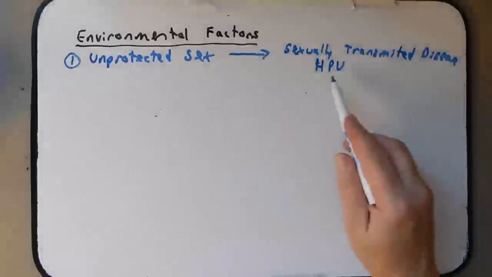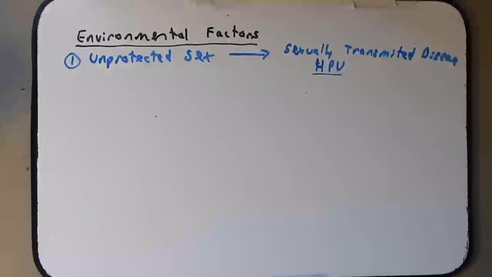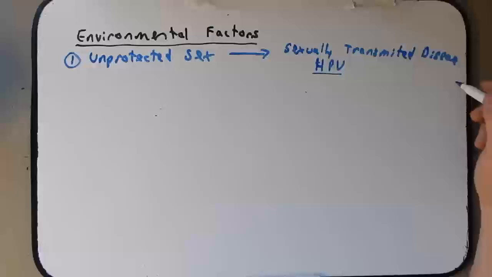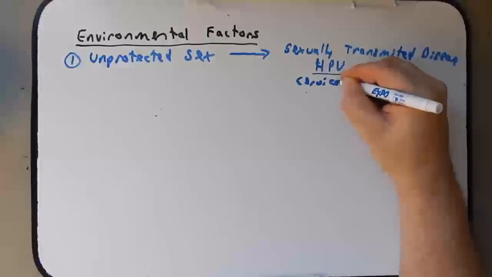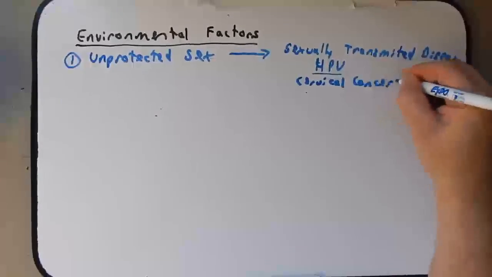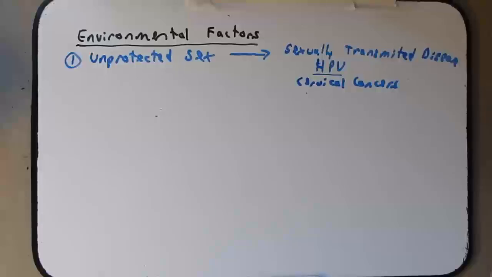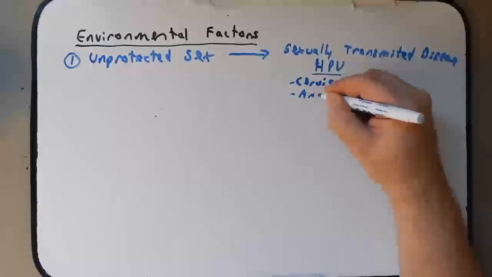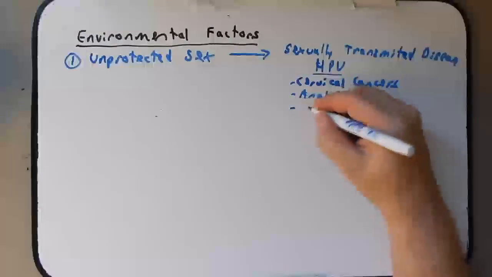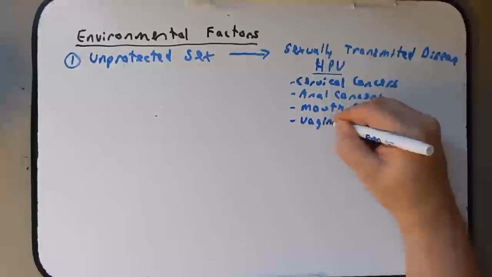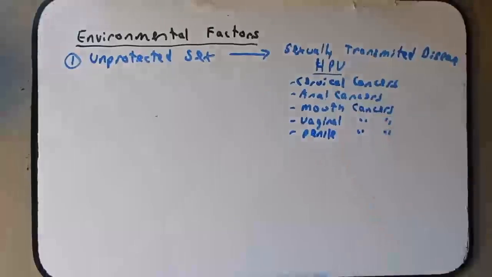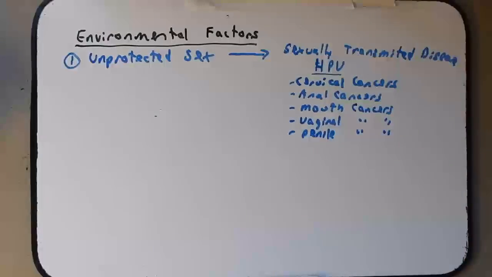So unprotected sex will allow HPV to be passed between people, and once infected with HPV, particularly repeated infections of HPV, can lead to higher incidences of cervical cancers. In fact, incredibly high for cervical cancers. It's the main cause of cervical cancers. It can also cause an increase in anal cancers, various kinds of mouth cancers, and vaginal cancers, and penile cancers can all be transmitted through this one virus.